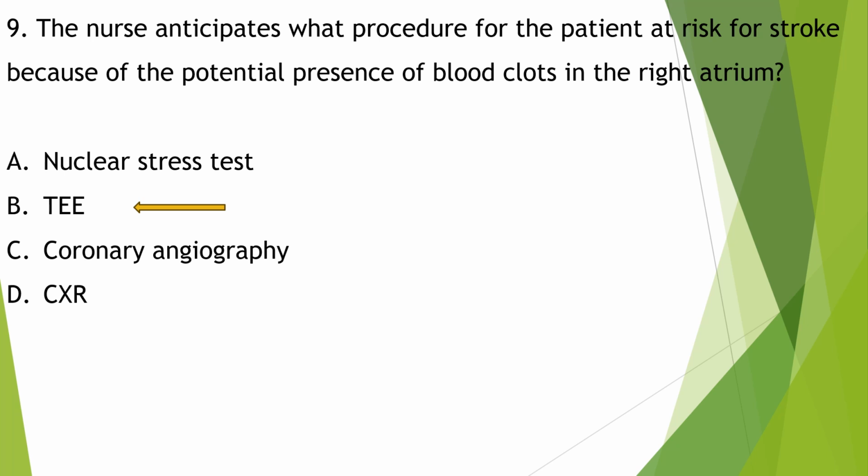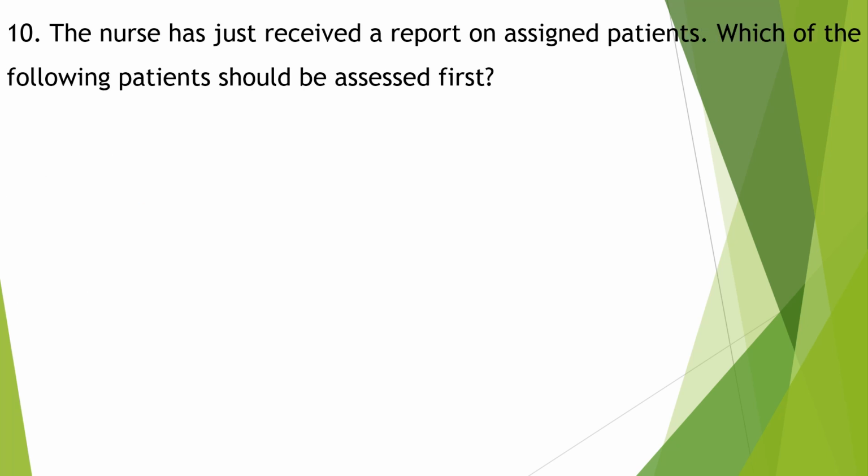A nuclear stress test identifies areas of poor perfusion, and coronary angiography looks at blockages in the coronary arteries. Chest X-ray is used as a general screening exam to identify any enlargement of the heart or any pulmonary infections and all.